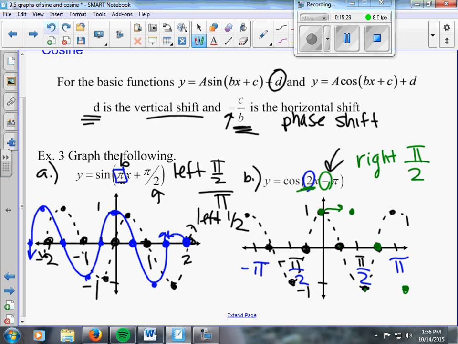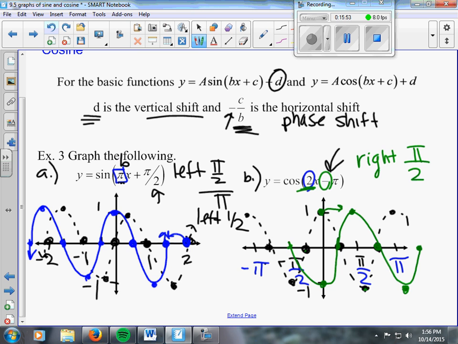And then this 0 is going to go over here. And I kind of ran out of room there. So let's draw this part here. And then this 0 moved over to this 0. The negative pi halves, -1 moved to 0, -1. And we're just moving each one.